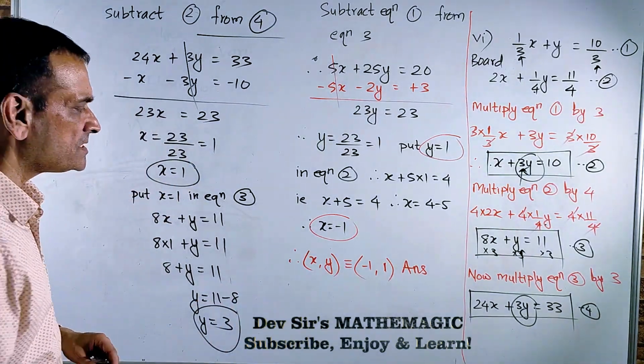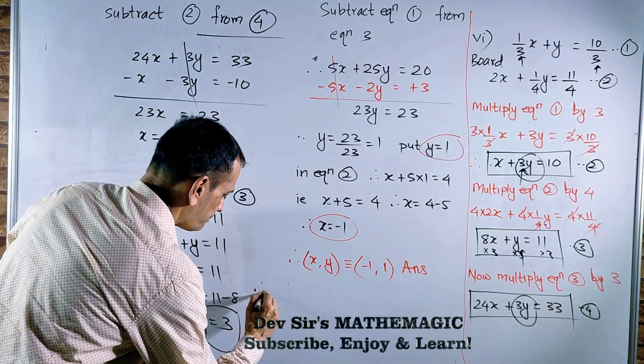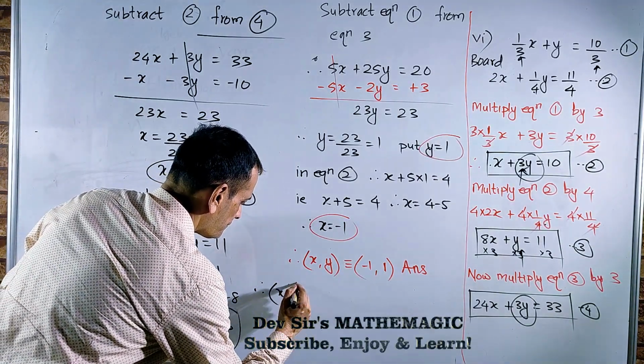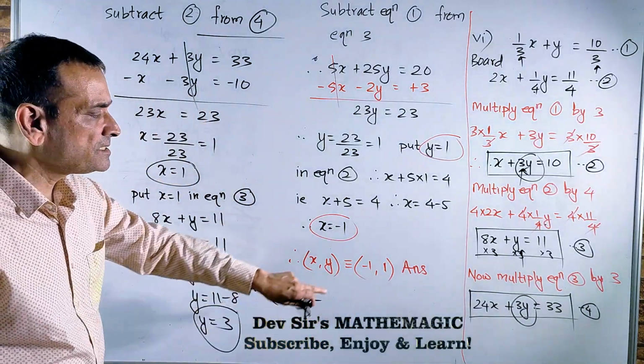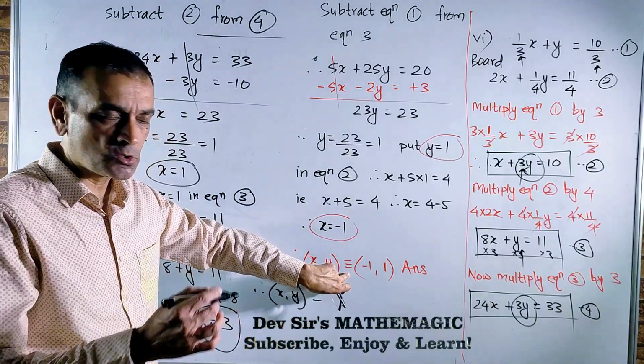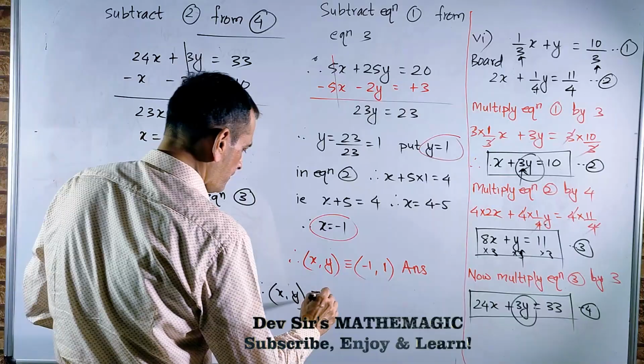So you get your solution set, final answer. Either you can write this symbol means corresponds to or equal to also 1, 3.